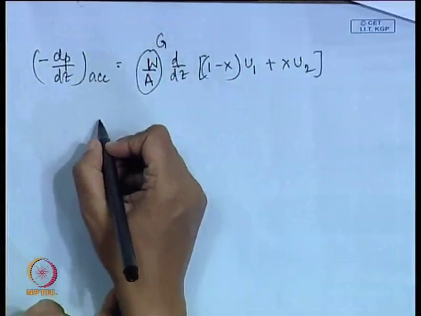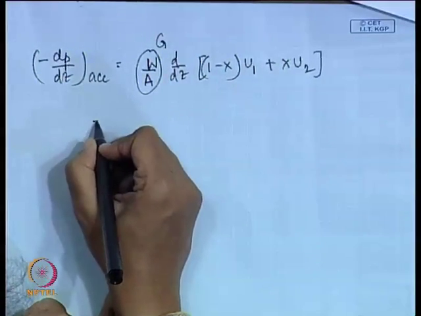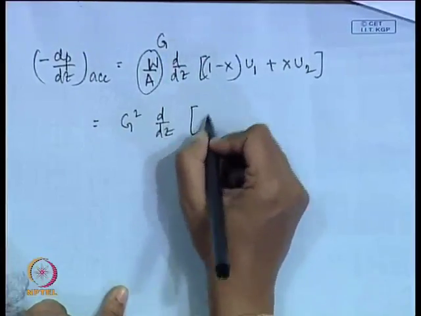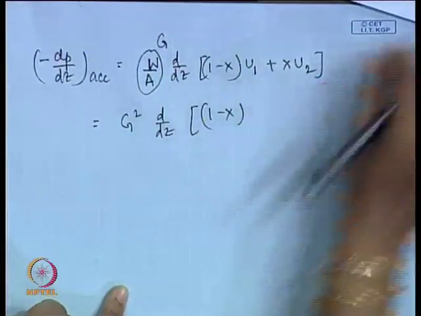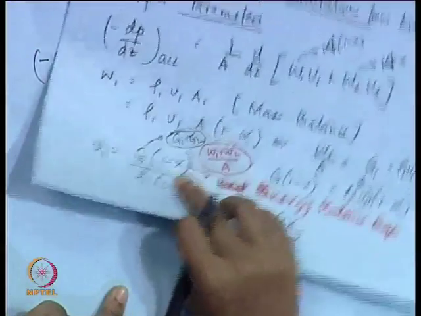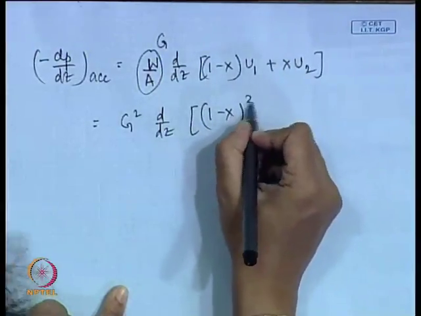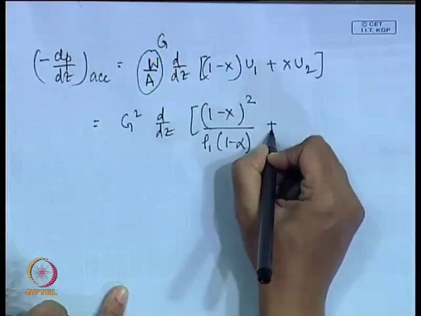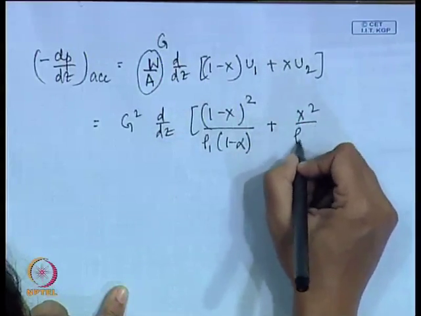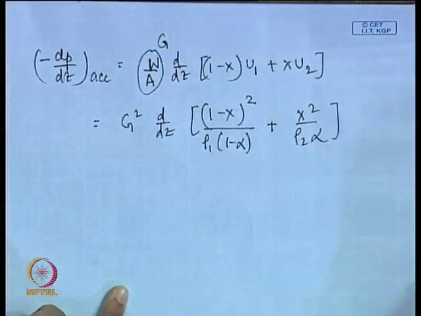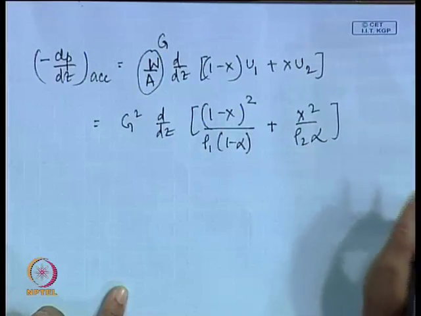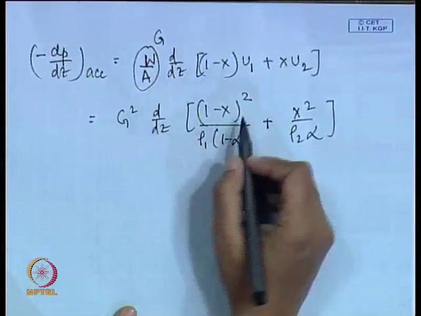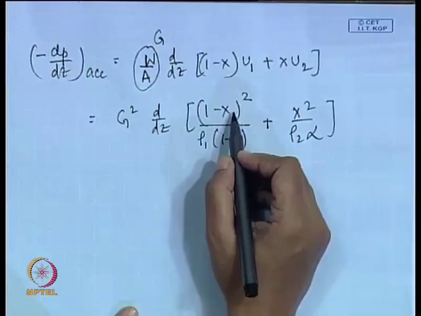So, we get G square d dz of (1 minus x) into (1 minus x) here. So, it becomes (1 minus x) whole square by rho 1 into 1 minus alpha plus x square by rho 2 alpha, is it not? Now, in this particular case, what are the things which vary with z? x varies with z if there is some heat flux.